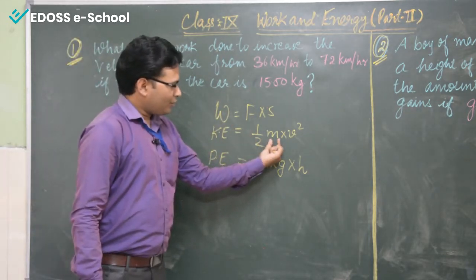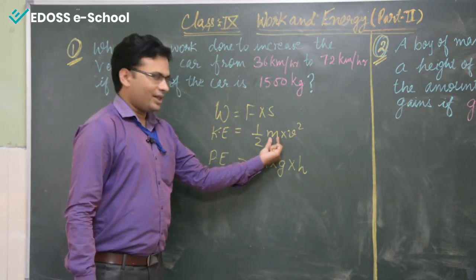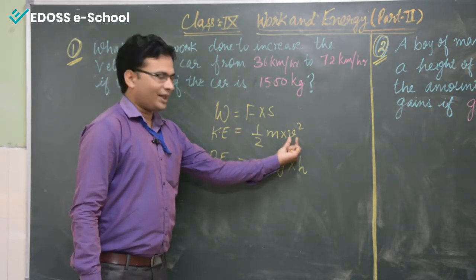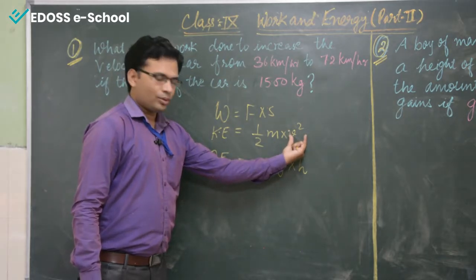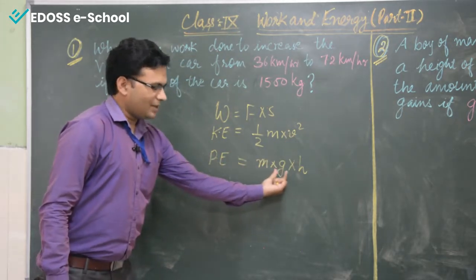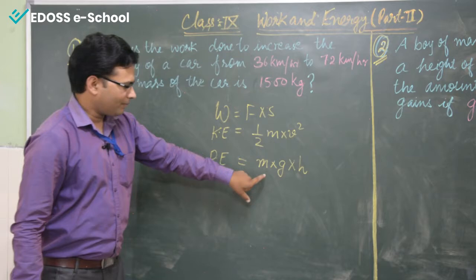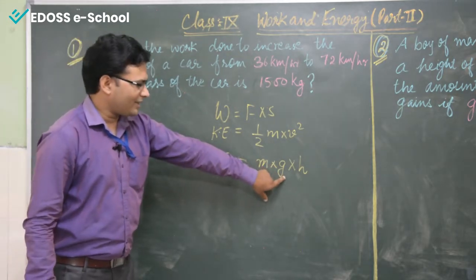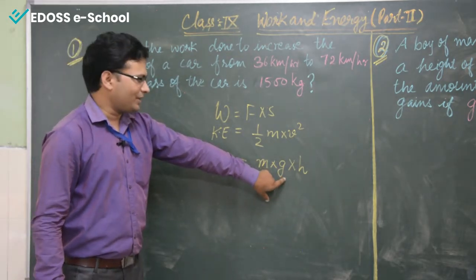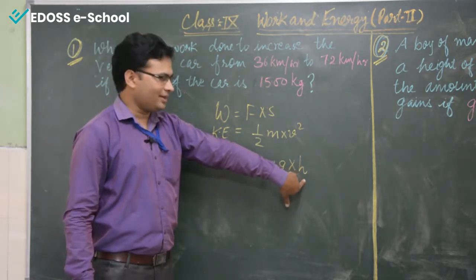Here 1 by 2 multiplied by mass in kg, velocity in meter per second, and you have to square that. Here mass multiplied by gravity multiplied by height means kg multiplied by the SI unit of gravity, that is meter per second square, and for height it is meters.